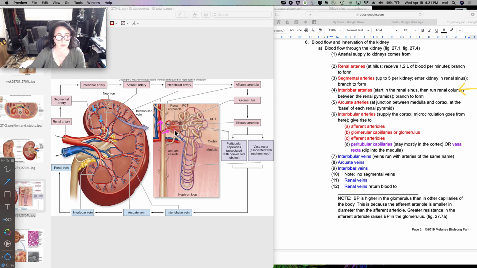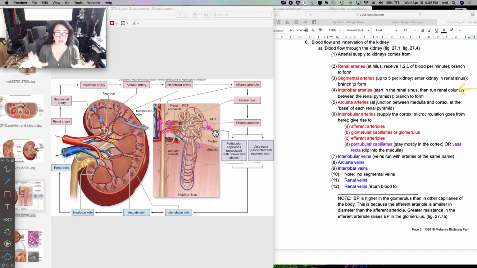So I'm going to go through the glomerulus, and then it's going to lead to another arteriole, and this one leads out of the glomerulus, and it's called the efferent arteriole. And then the efferent arteriole, depending on what kind of nephron it is, can lead to one of two things. It can either lead to these guys, which are called the peritubular capillaries. Peritubular capillaries are called peritubular because they're wrapped all around that tube up there.